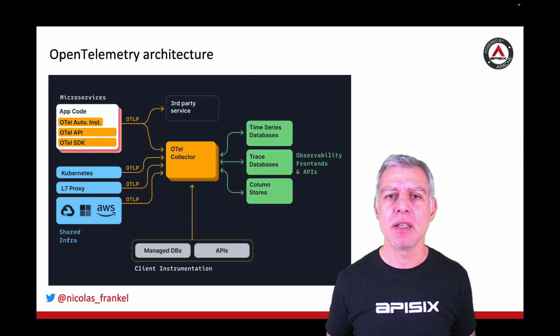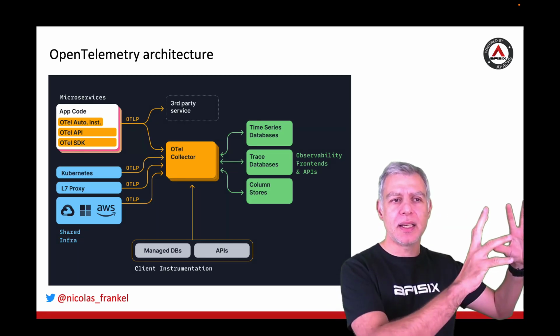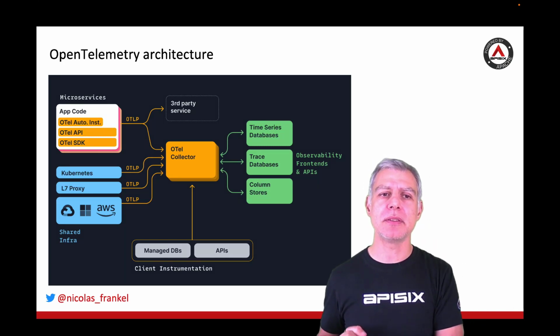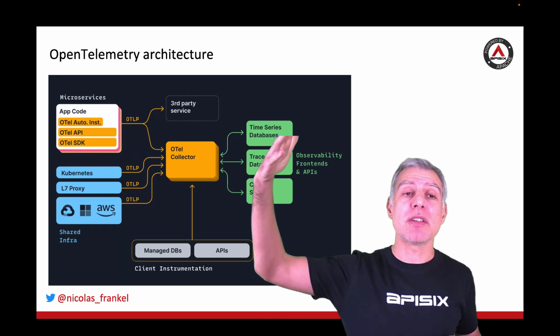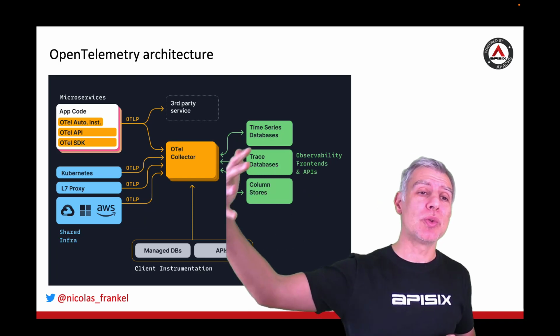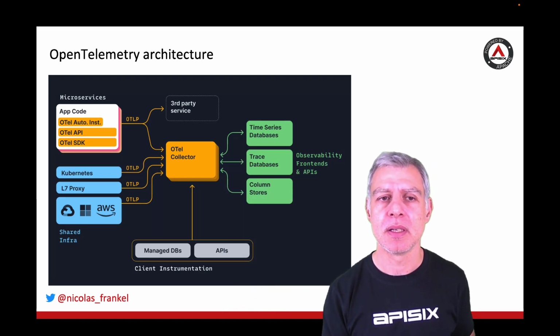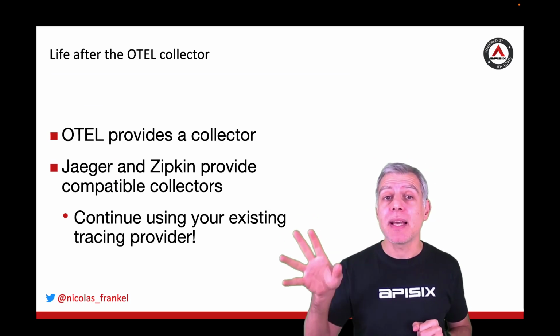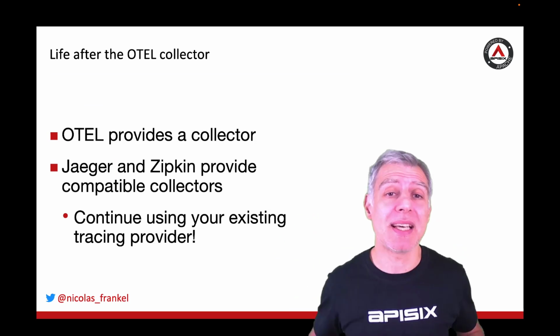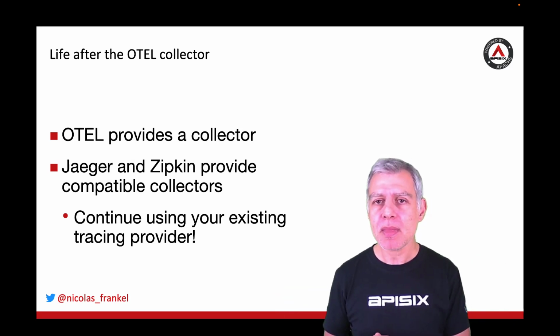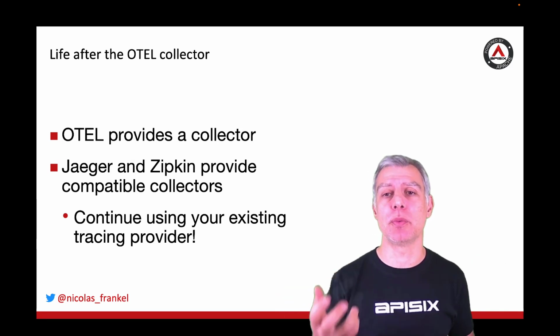So the idea is on the client side, you've got stuff that dumps data into the OTel collector, and then you've got something that is able to search and display data from the OTel collector. The OpenTelemetry collector in itself doesn't provide anything. It's just storage in a certain format. So we need something afterwards.